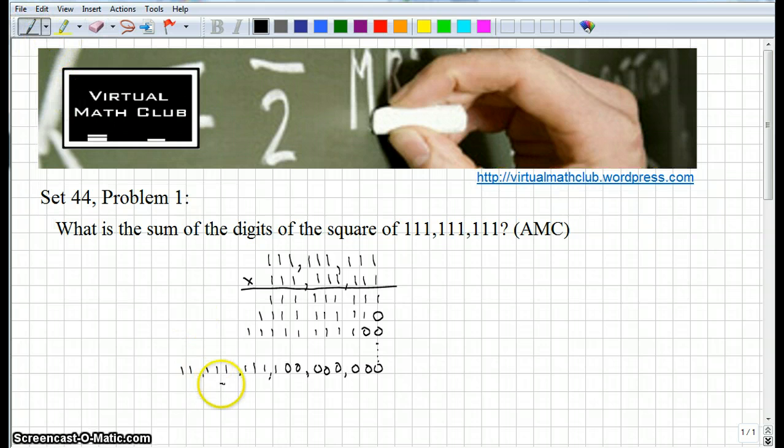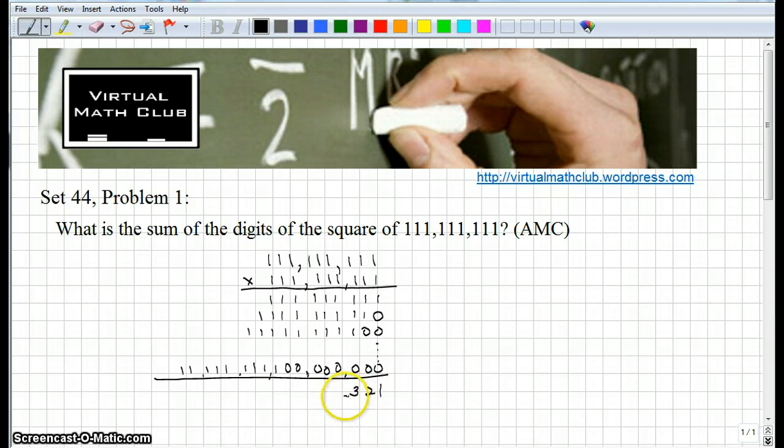So let's add those up. Our units digit is just 1 plus a bunch of zeros, so that's 1. Then we have 2 plus a bunch of zeros, that's 2. 1, 2, 3, and the rest will be zeros. So you see a pattern going on here, right?